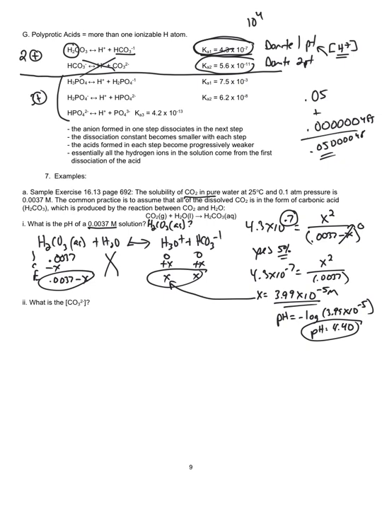Now, this is all I'd have to do in order to figure out the pH, because this second dissociation is so small. But they're asking in part 2, what would be the amount of CO3 minus 2 that is produced? Well, in the first dissociation, I get 0 CO3 negative 2 produced.